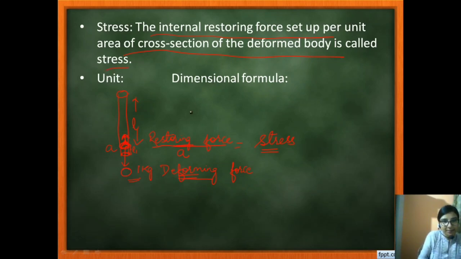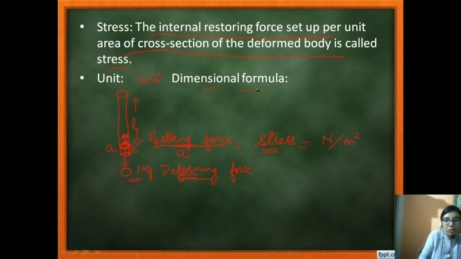Now let's see what its unit is. It is the ratio of force by area. The SI unit of force is Newton, and the SI unit of area is meter square. So its SI unit is Newton per meter square.